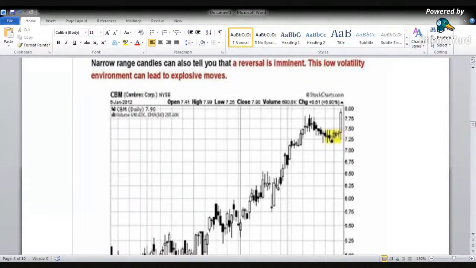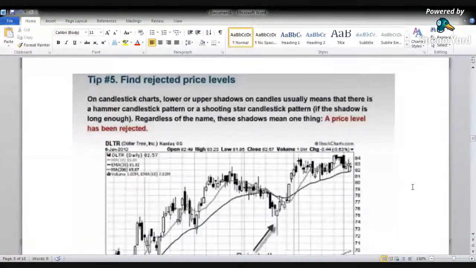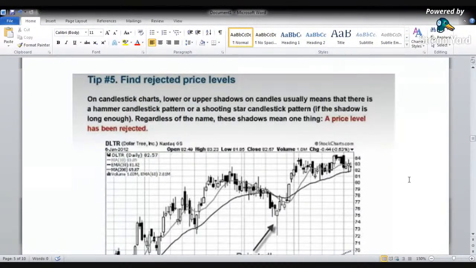So, the next one, tip number 5 is find a rejected price level. Makita natin dito yung price ay going down and there is a big rejection candle here.